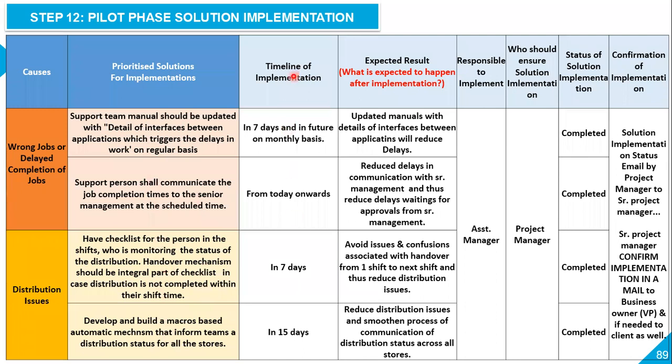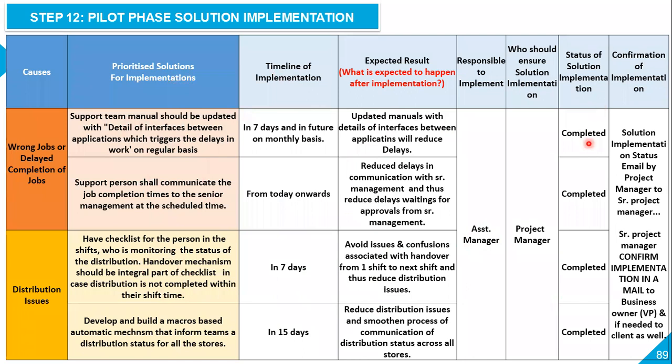So the timeline of implementation, expected results. So what are we going to expect after implementing these solutions? Then the responsible person to implement. Then who should ensure solutions are implemented, like who's accountable: the assistant manager, with the help of the TL, implements these solutions on time. This is the timeline, to implement these solutions on time.